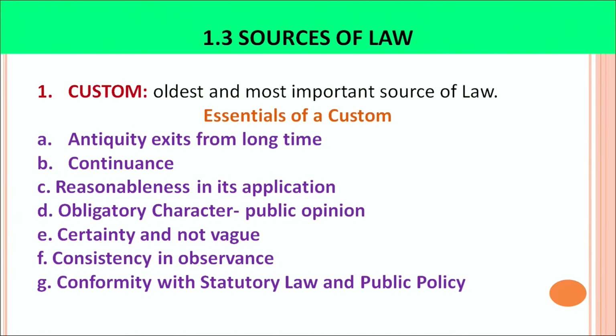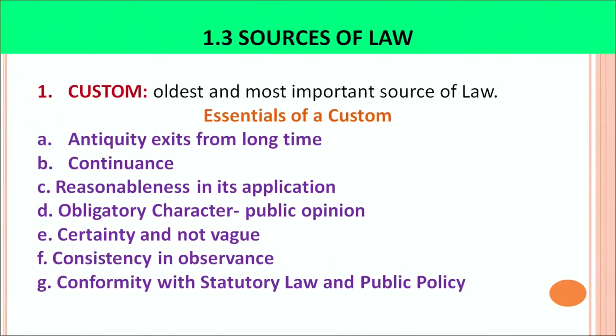The second essential is continuance, that is, it is a set practice continued without any break. The third is reasonableness in its application, that is, it should not be unreasonable. The fourth is that it should be obligatory in character, that is, public opinion should be in favor of observing this custom.